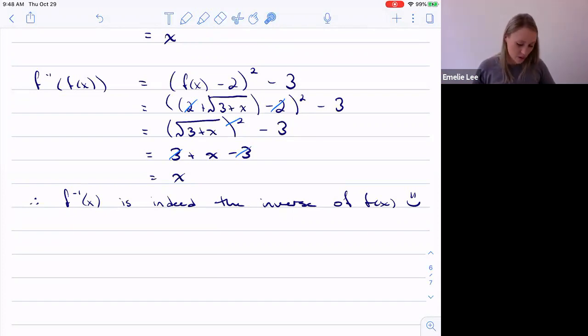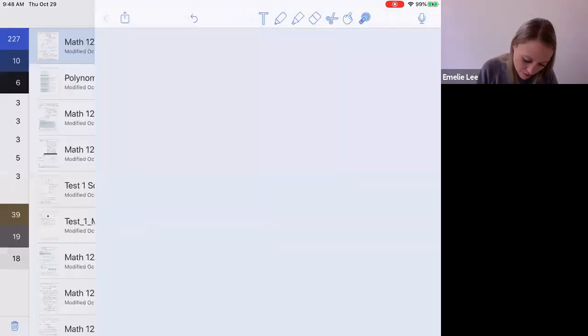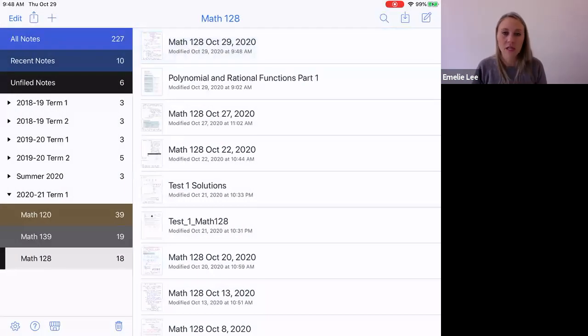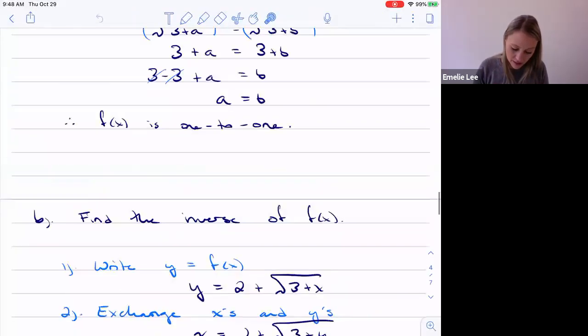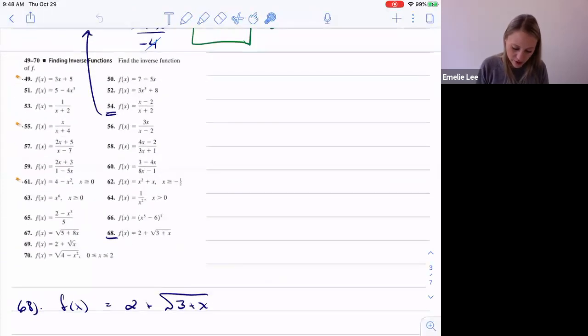Okay, so just as a little note before we get out of inverses, I want you to work on those, definitely, because it is really good algebra practice. But for these 49 through 69, this one has an interval, so don't worry so much about the ones with restrictions on x.